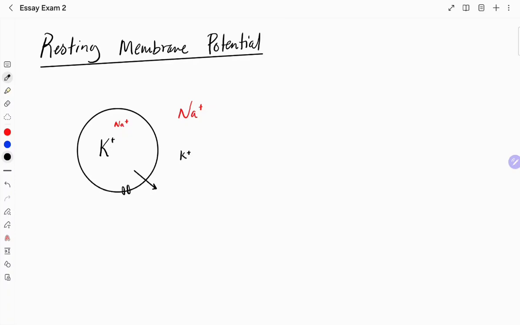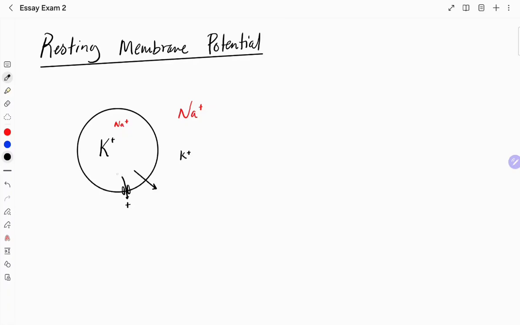But as those potassiums leave the cell, let's say we have a potassium that leaves through this potassium leak channel that is always open, and we have a positive charge now outside of the cell.